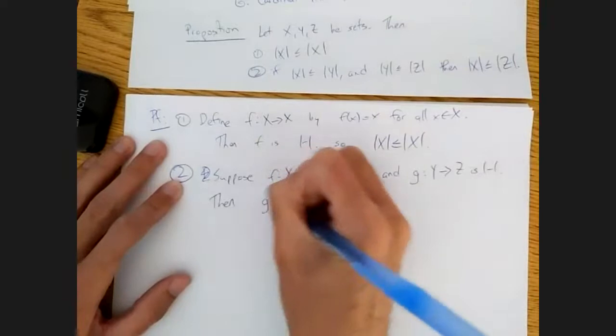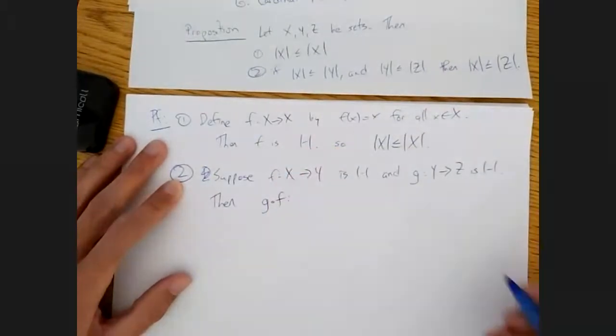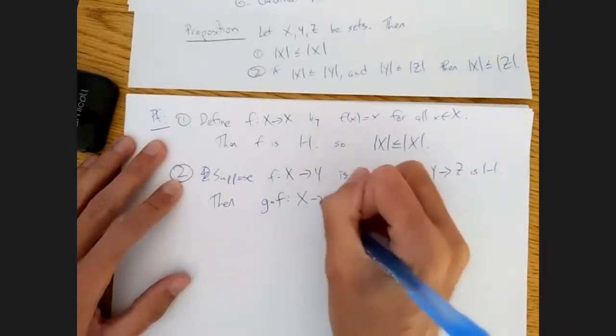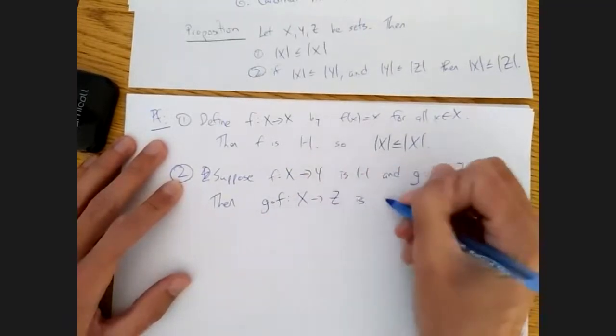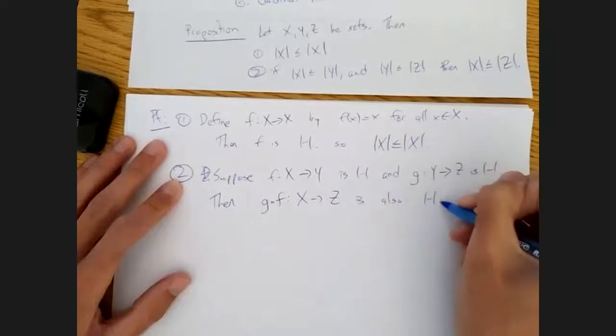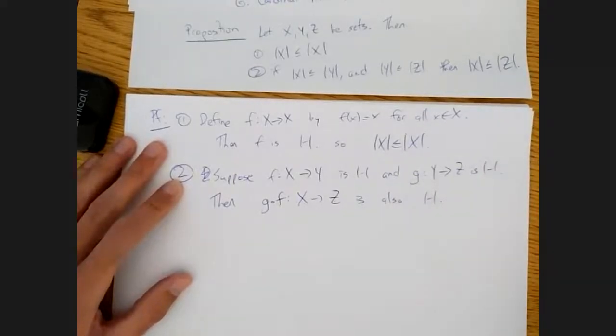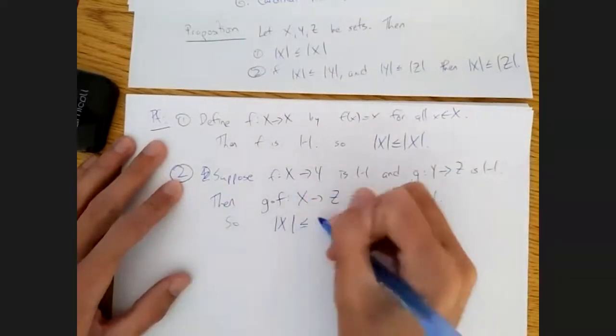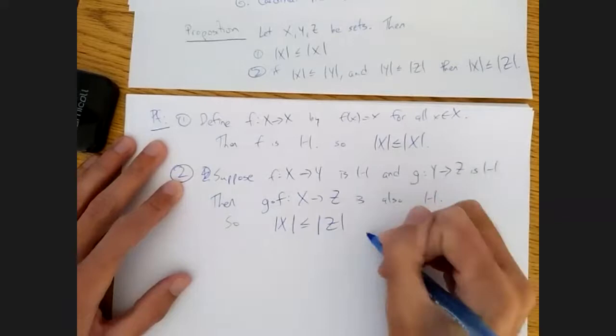Then g composed with f, which goes from x to z, is also one-to-one. So the cardinality of x is less than or equal to the cardinality of z.